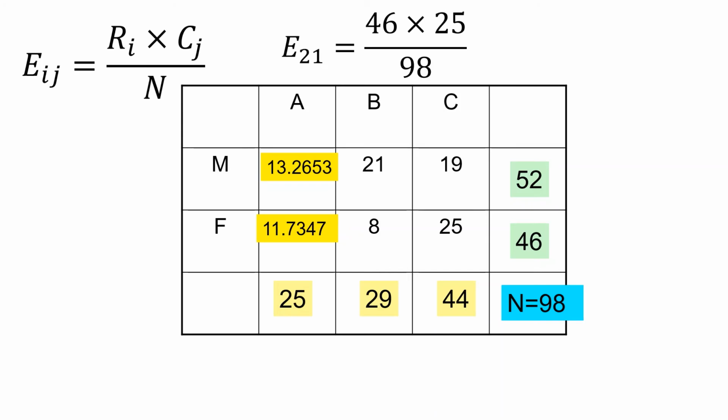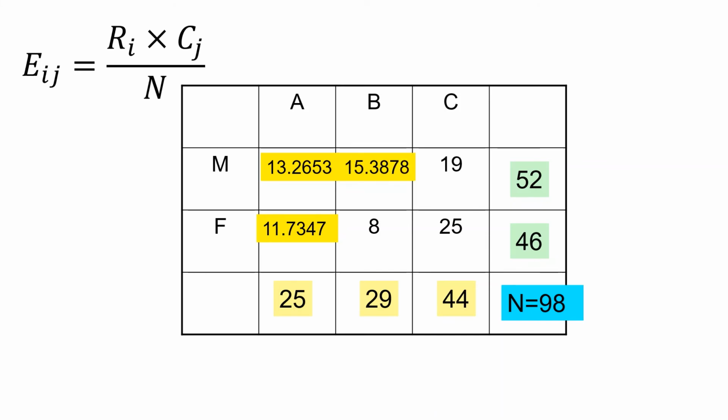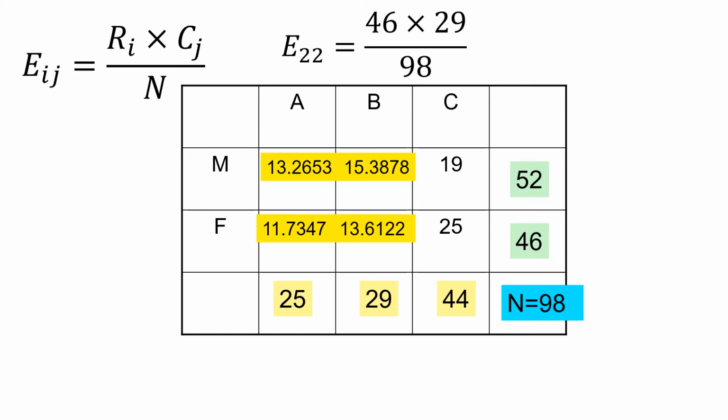11.7347. Next, the expected value of row 1 column 2 is 52 multiplied by 29 divided by 98, which is equal to 15.3878. Next, the expected value of row 2 column 2 is 46 multiplied by 29 divided by 98, which is equal to 13.6122.